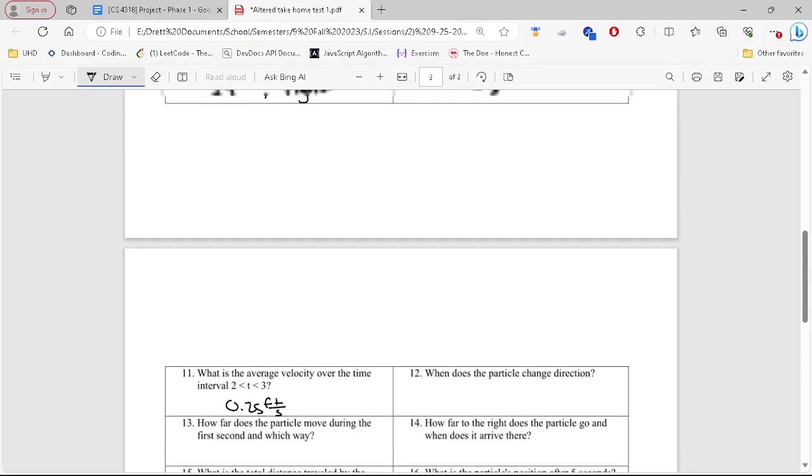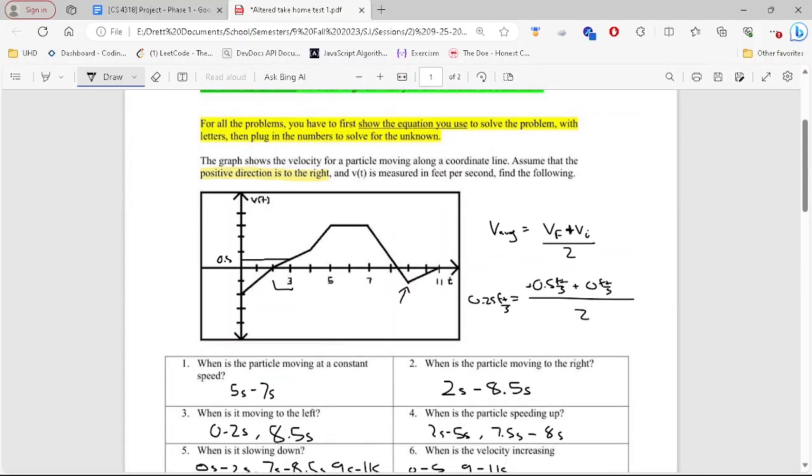When does the particle change direction? We're looking for points in time in which the direction is changed. It changes direction every time it crosses here. When its velocity goes from positive to negative, it's gone from going right to going left.